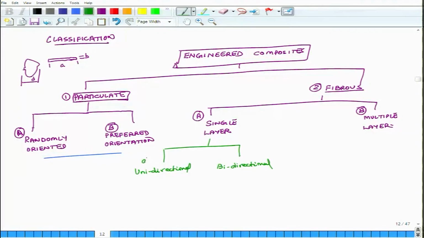Bidirectional. So, this is A and this is B. So, unidirectional composite which is fibrous and single layer, that is 2AA and this bidirectional is 2AB.